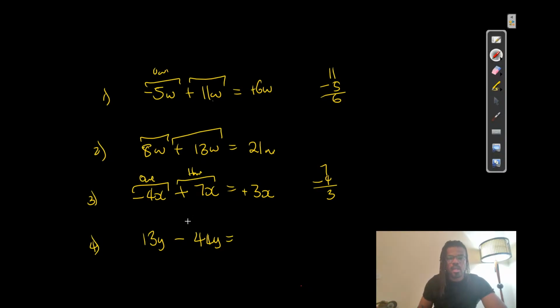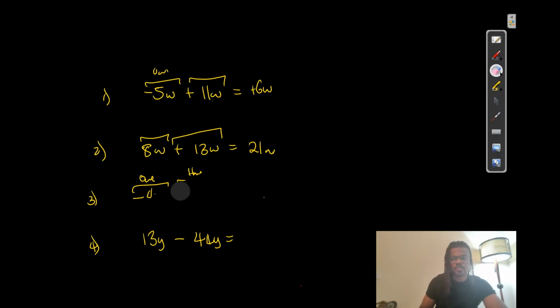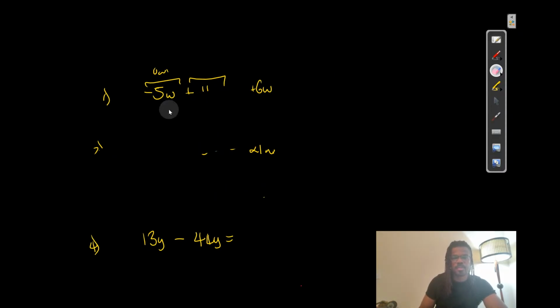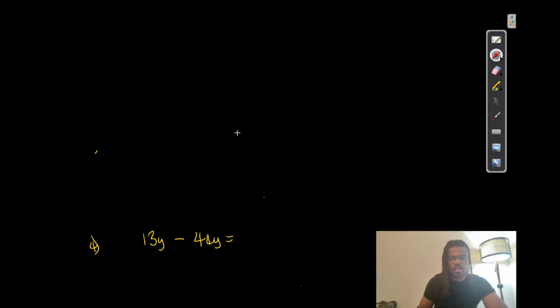And now let's go to the last one. All right. So now 13y minus 44y. I have 13. I owe 44. Do I have enough to pay off the 44 that I owe?